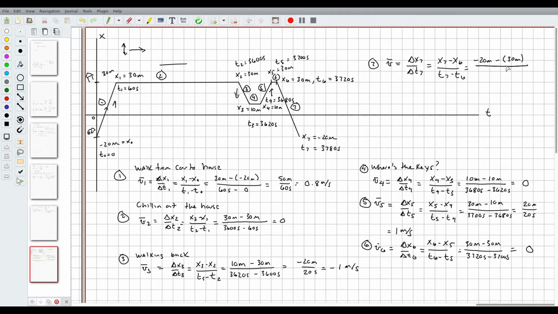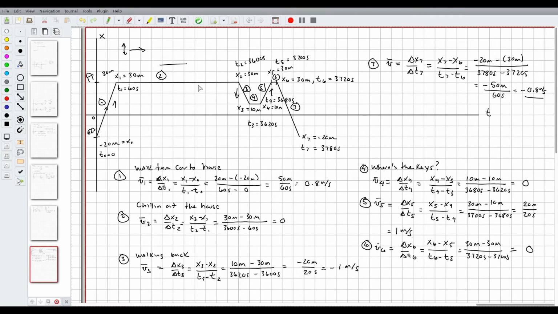Divided by, we got to the car at 3780 seconds, and we left the house at 3720 seconds. So, at the top you can see it's a minus minus a positive. That's going to be minus 50 meters divided by the difference between these, which is 60 seconds: minus 0.8 meters per second.